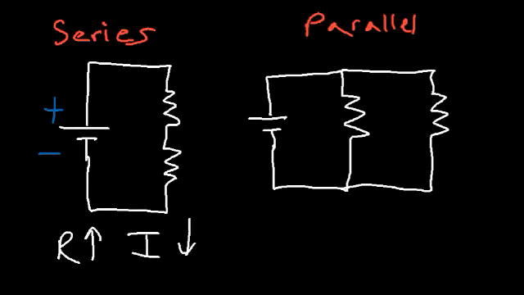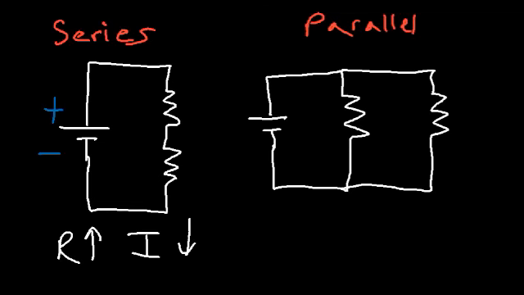So if you put 3 light bulbs in series, it's going to be even dimmer because there's less current flowing through it. Whereas in a parallel circuit, the voltage is the same. So it doesn't matter how many light bulbs you add. As long as you have a strong enough battery that can dish out enough current, each light bulb will remain bright.